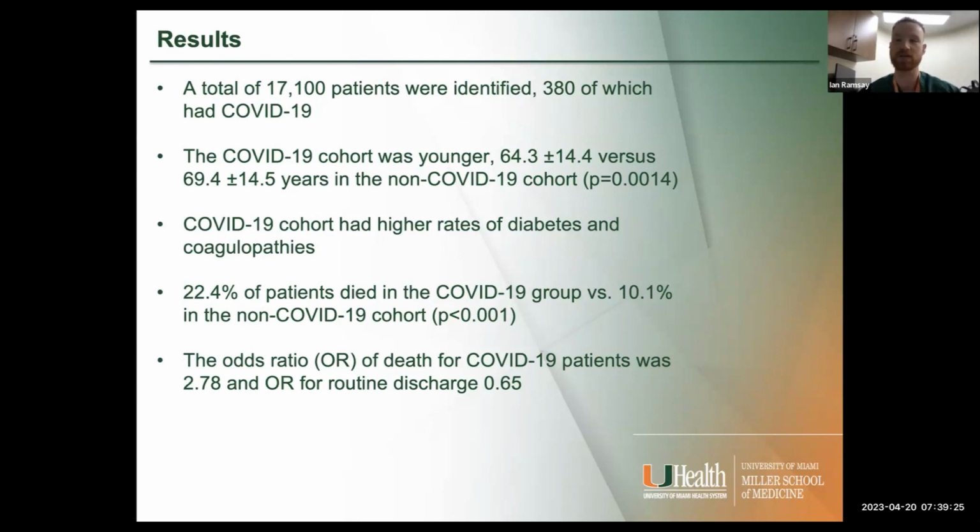22.4% of patients with COVID-19 that underwent thrombectomy died versus only about 10% in the non-COVID-19 cohort. And so the multivariate odds ratio for death for the COVID-19 patients was almost 3, and they had a lower odds of routine discharge at 0.65 as well.